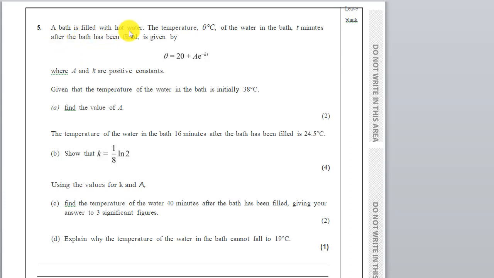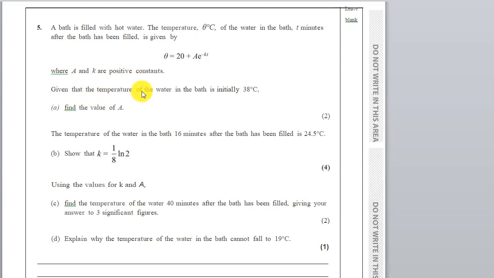A bath is filled with hot water. The temperature theta degrees Celsius of the water in the bath t minutes after the bath has been filled is given by theta is equal to 20 plus A e^(-kt), where A and k are positive constants.